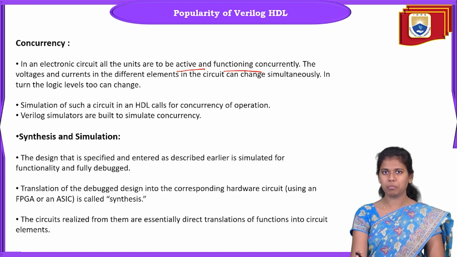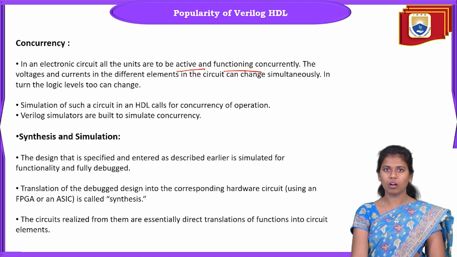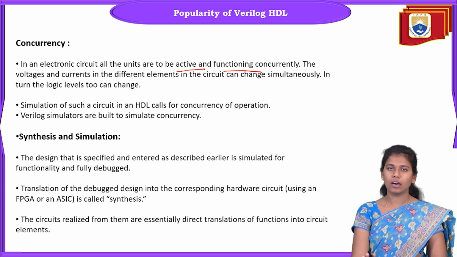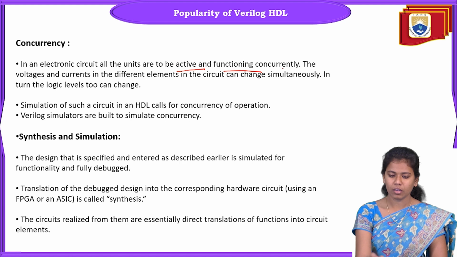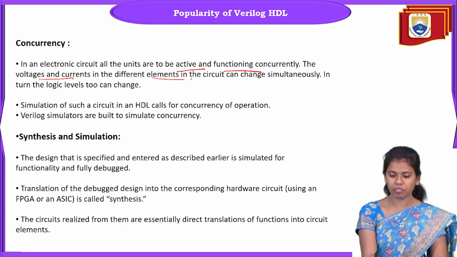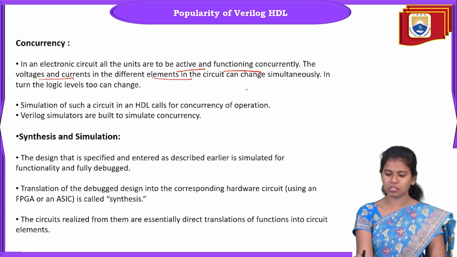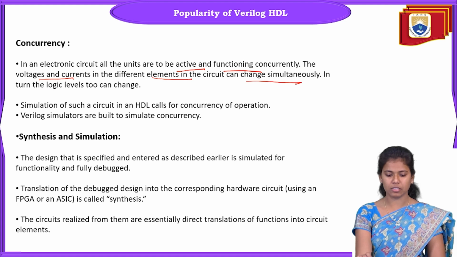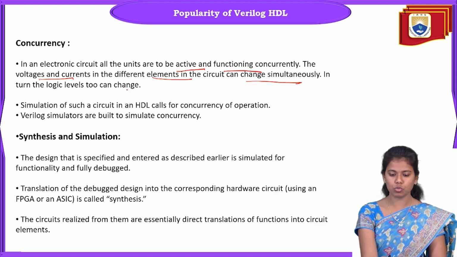It's not one by one, but they function parallelly. So the voltages and currents in different elements in the circuits can change simultaneously. In turn, the logic levels too can change.